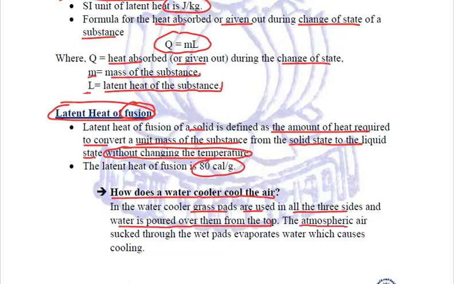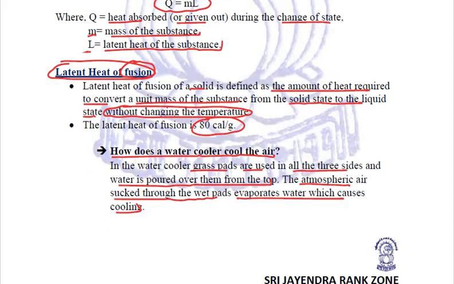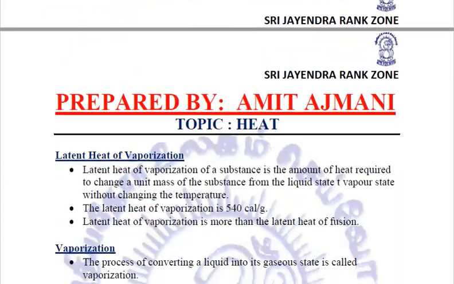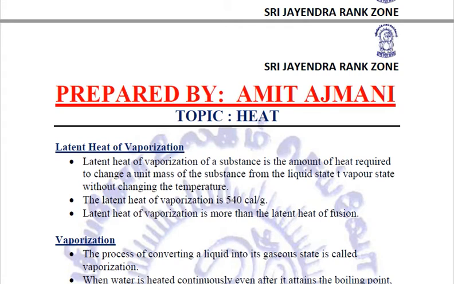The atmospheric air is sucked through the wet pads, which evaporates the water, and hence the cool air comes in. Right? That is based on this particular latent heat, that it is utilizing the heat energy for conversion of one state of matter into another without changing the temperature.